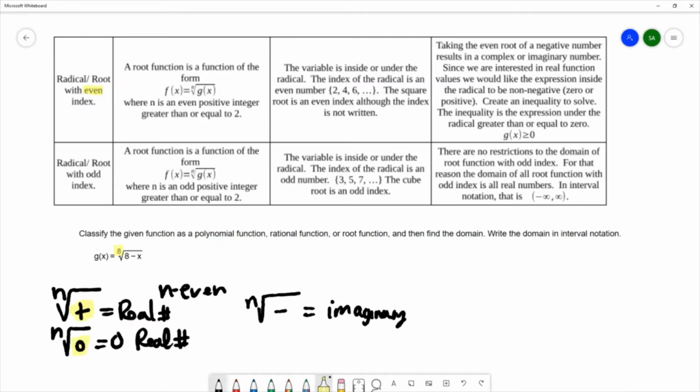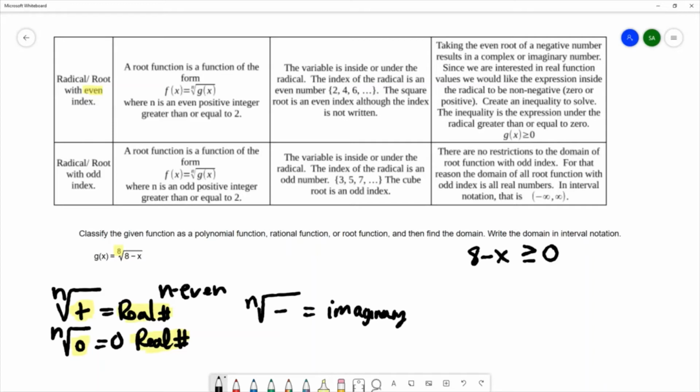We want positive numbers underneath the even radical and 0 underneath the even radical. So if we're looking for the domain, we're going to take what's underneath the radical, 8 minus x, and we want that to be greater than or equal to 0, because those are the numbers that are going to produce real number outcomes.